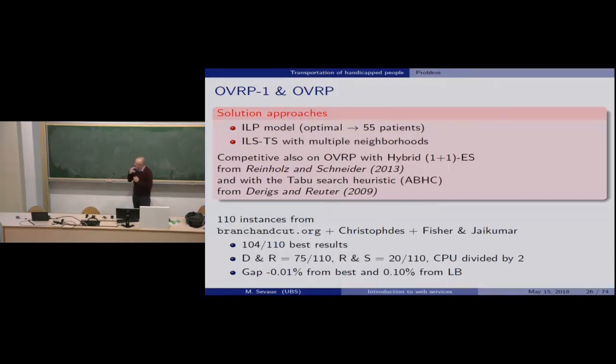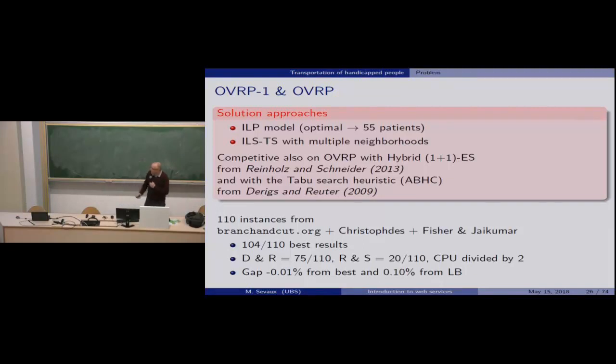So we tried to solve the Open VRP 1, which is when the demand is always 1, and we compared to the best Open VRP solvers at the time, which were the hybrid 1+1 ES from Reynolds and Schneider, and the Tabu Search heuristic ABHT from Derigs and Reuter.